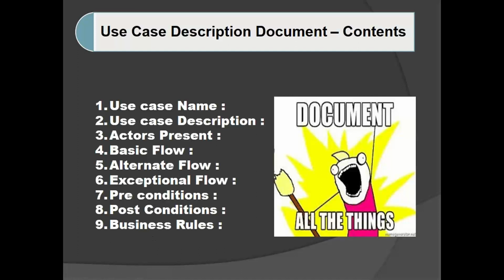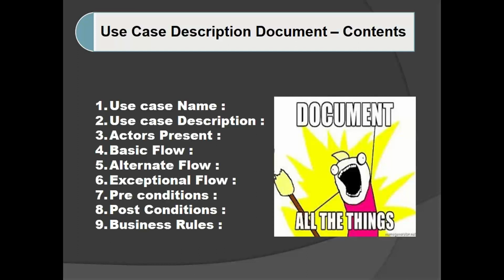Okay, now it depends upon your project manager. So your project manager will come and say, write a use case description document and use only use case name, use case description, actors present, and business rules. Then we are going to write only with these 4 contents.